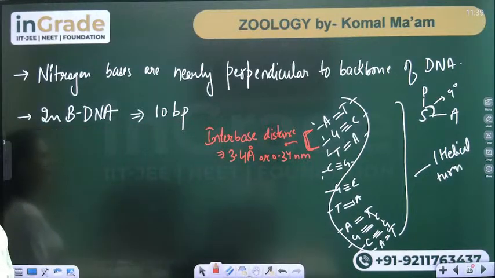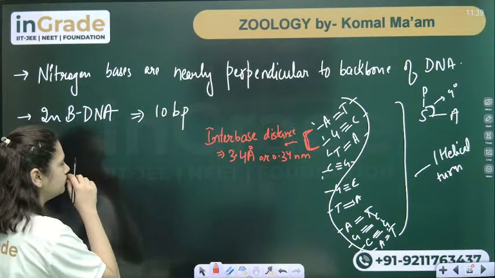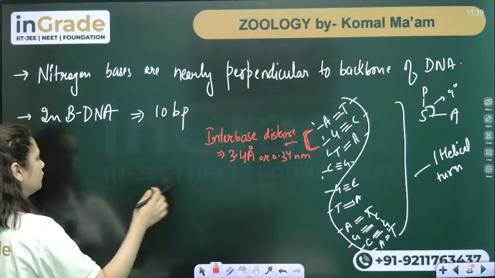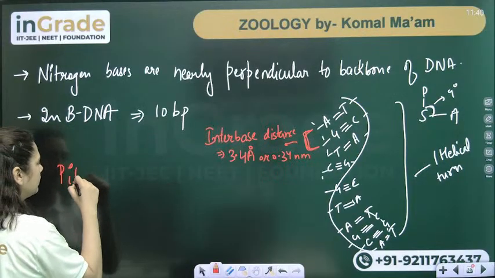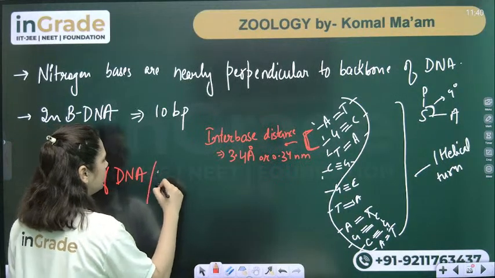So if we have 10 base pairs, how can we calculate the pitch of DNA or length of DNA?